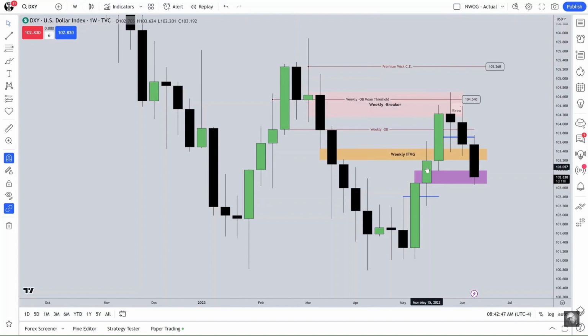We don't need to know exactly where they are, but we can identify that range right here. As soon as that candle closes and we begin a new week, that gap that's shaded in purple, we know that there's a likelihood that the market will want to, at some future time, reprice to that.